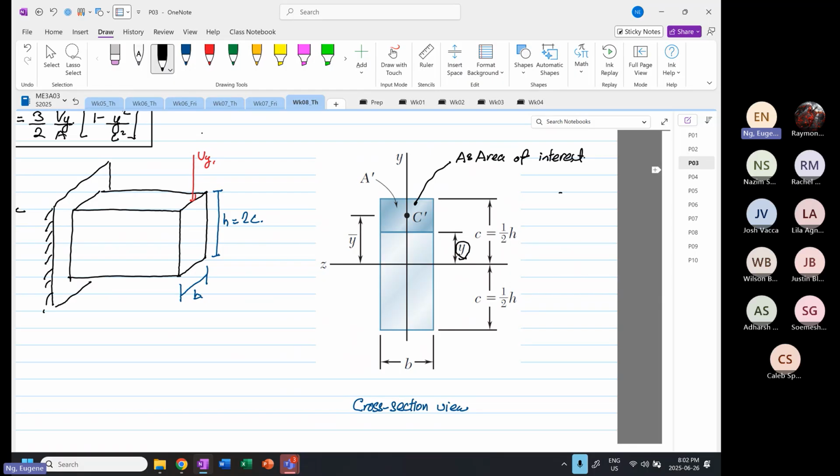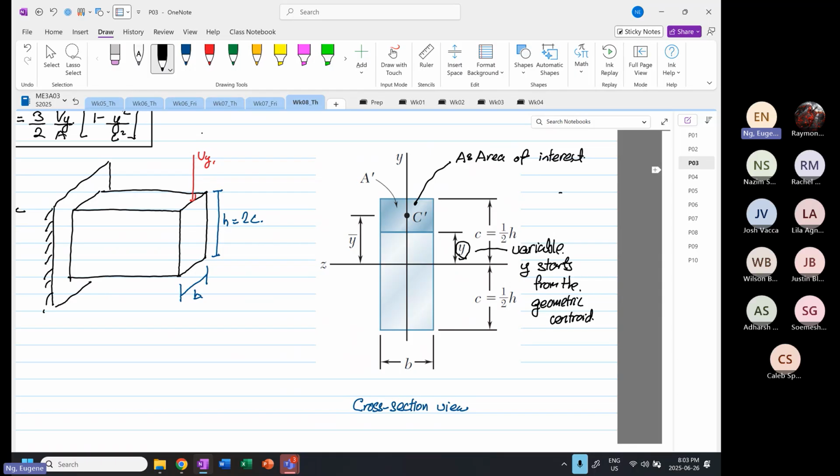So y over here is your variable. And y starts from the geometric centroid. Okay, y starts from the geometric centroid.